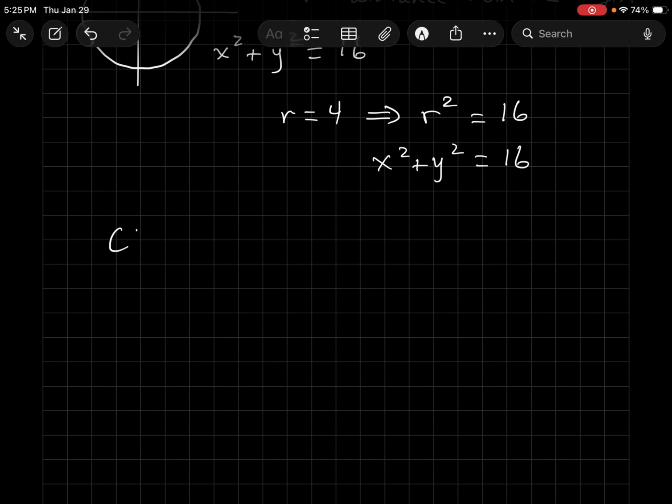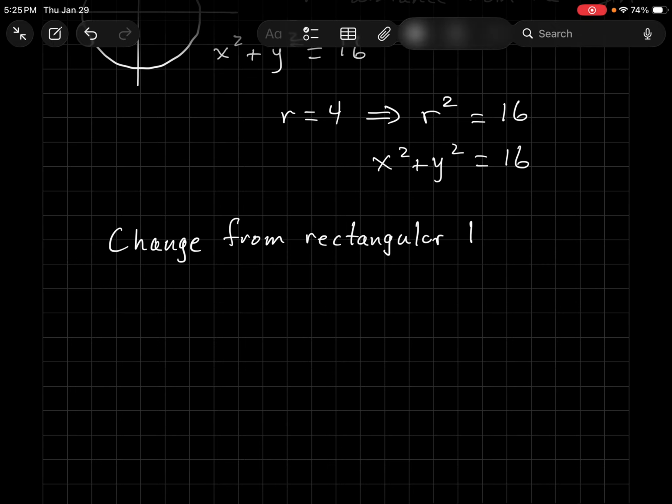So what if I want to change from rectangular to polar? Now I'm just doing a couple examples. Let's do x squared plus y squared equals 2y. But for almost everything, when I'm stuck in polars, I go back to my 4 equations.